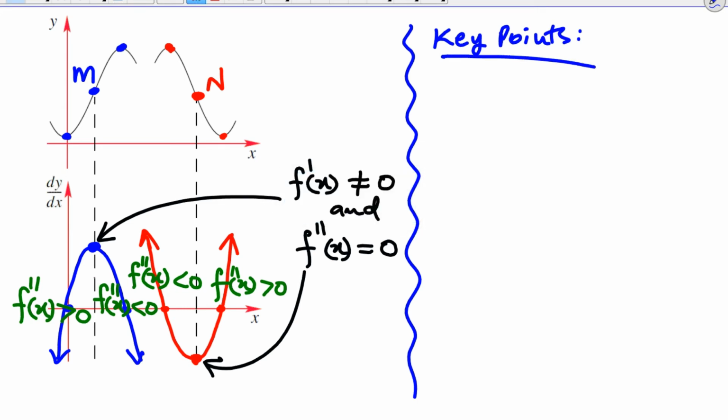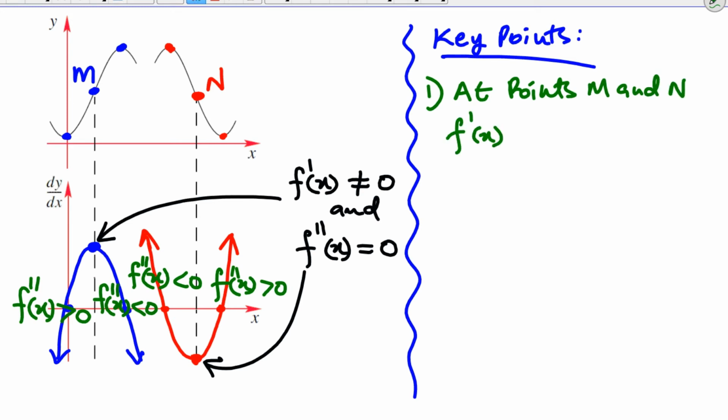One, at points M and N, the first derivative is not equal to 0, and the second derivative is equal to 0.